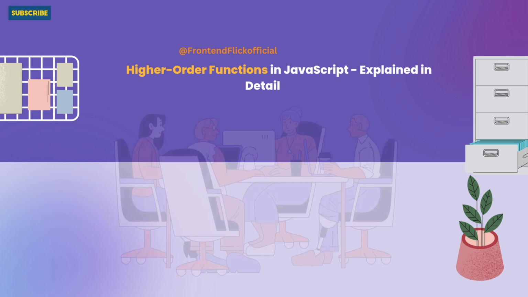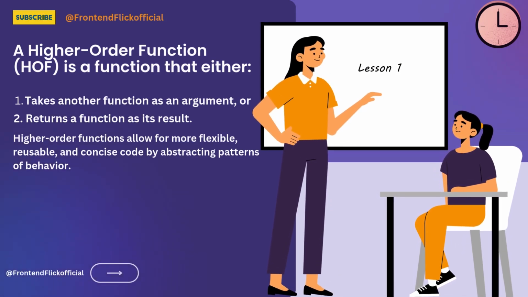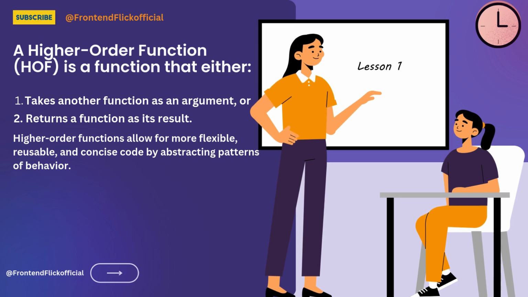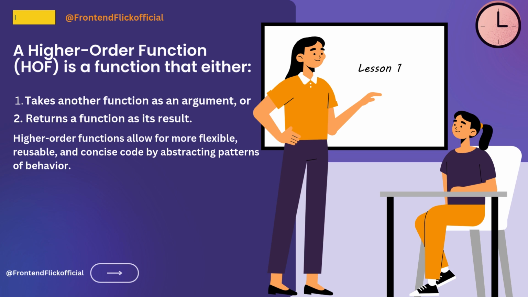Let's jump right in. What are higher order functions? So, what exactly are higher order functions? A higher order function, or HOF, is a function that does one of two things. One, it either takes another function as an argument, or two, it returns a function as its result.